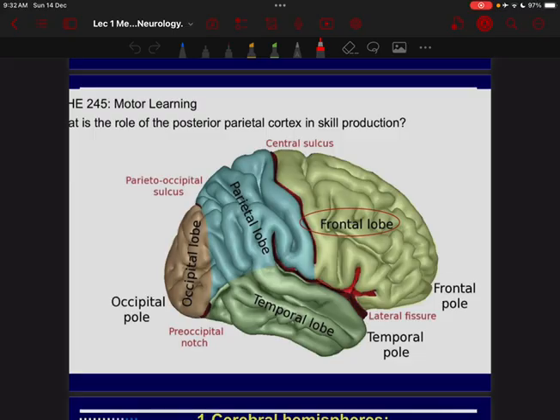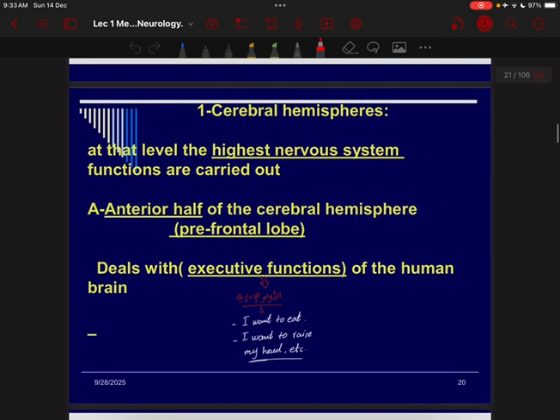Now, the cerebral function has the following actions. We start with the cerebral hemisphere, the cerebral cortex.